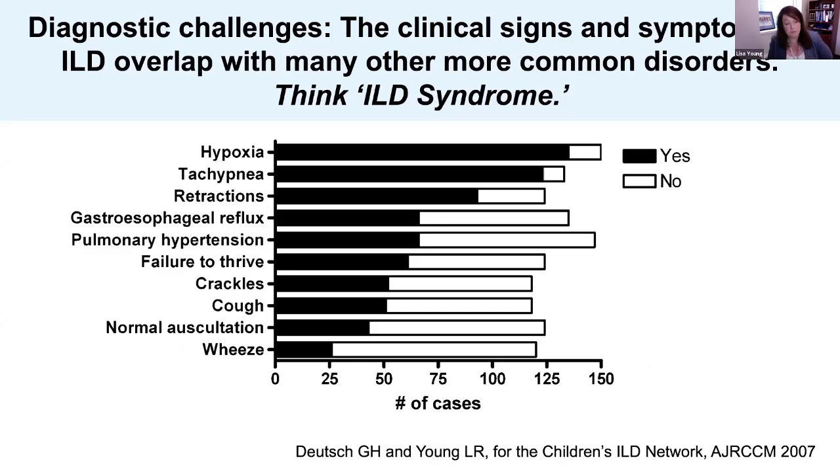Sometimes they had crackles, sometimes they had wheeze, sometimes they coughed, sometimes it was a quiet chest. So there's not a specific algorithm that you can use. These things overlap with many other things, but many of us think it's helpful to think about ILD syndrome as a starting point when you start thinking, do I need to evaluate this kid for possible ILD?